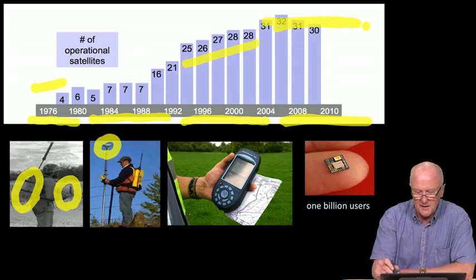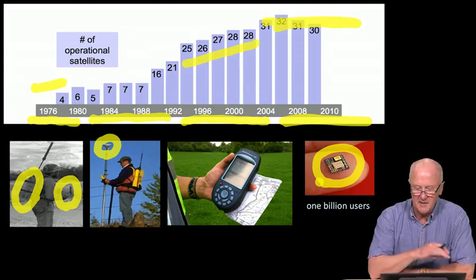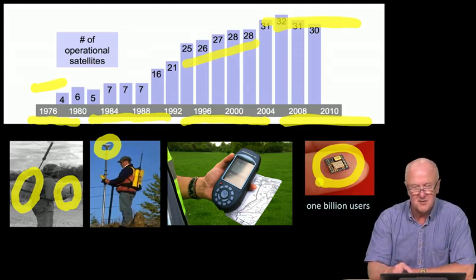The amazing thing that's happened in parallel is that the consumer use of GPS has enabled these extremely small GPS receivers that go into the cell phones. And the full bill of material for that tiny little receiver is about $1. So the cost of a GPS receiver has gone down dramatically.